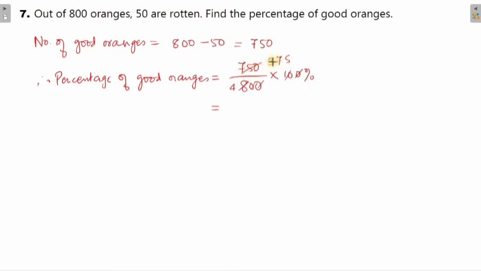So it is 375 divided by 4, right? So if you convert this into decimal, you get your answer to be 93.75%. Okay, so you may pause the video and note down your solution.